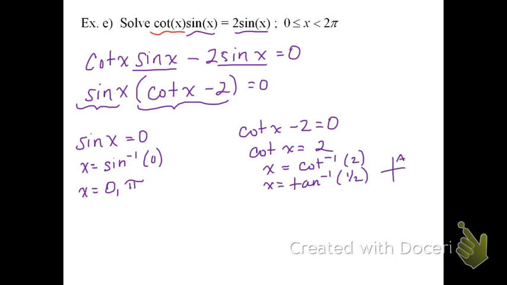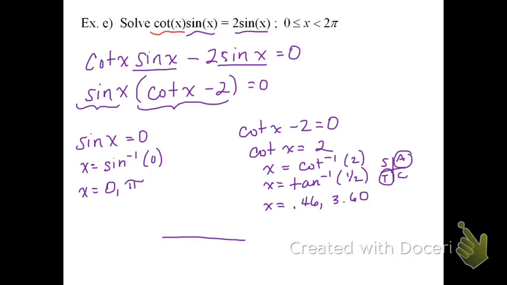I know that because I'm working with a positive ratio, I'm going to be getting my angles from quadrants 1 and 3. And we had solved this one previously in degrees, but when we have our calculator set in radians, we get 0.46 radians from quadrant 1. And if I were to add that to pi, I would get 3.60.